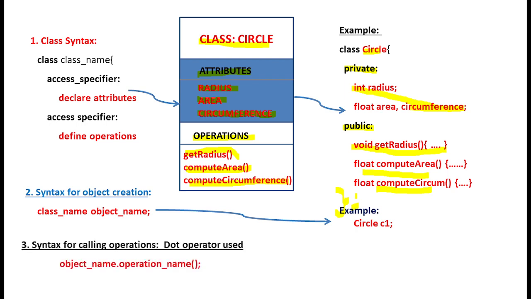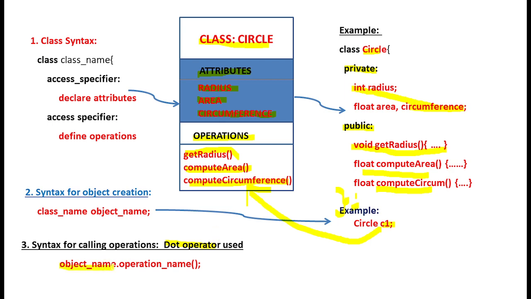Then how can you execute the operations? You can use them with the dot operator. Here, object name, that's the syntax.